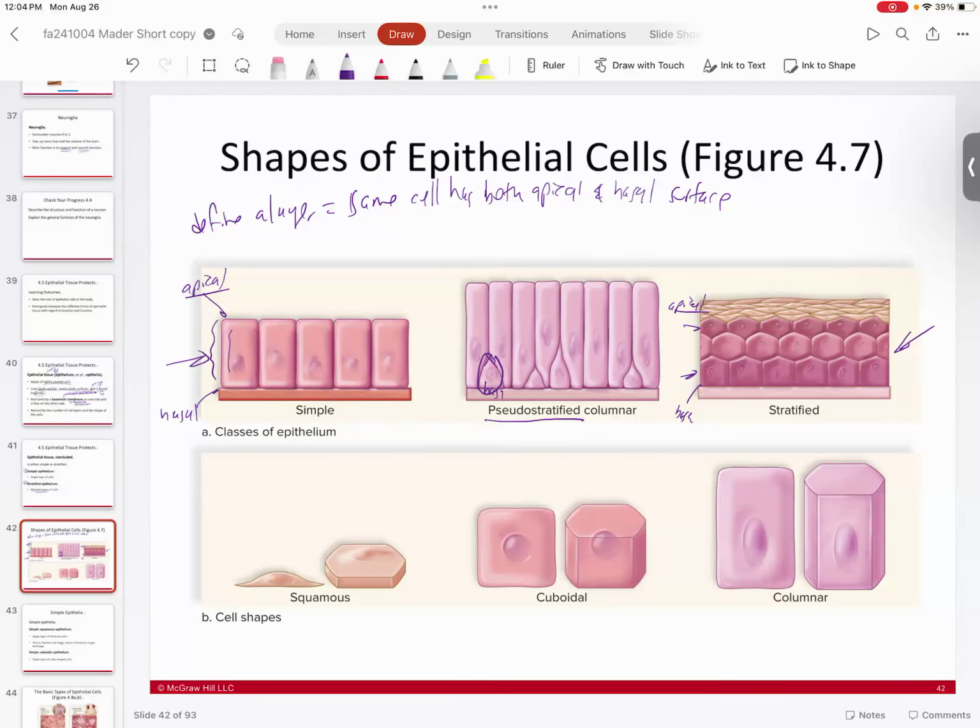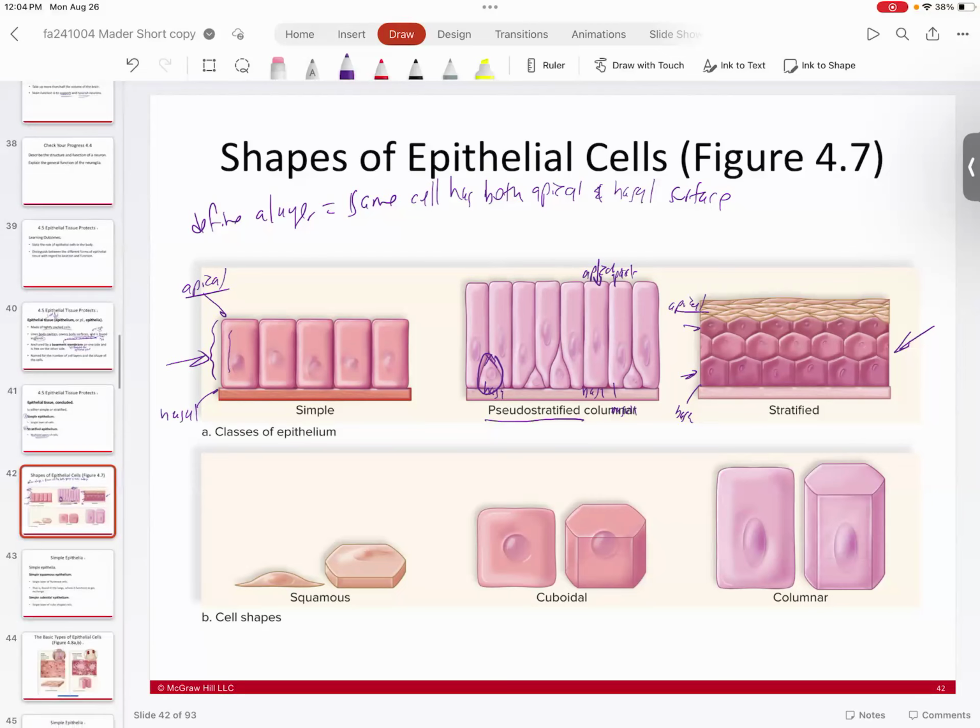That suggests it's stratified, but in reality it's not, because this guy right here has both apical and basal. This guy right here also has both. So you can see that there's several of them that have both.